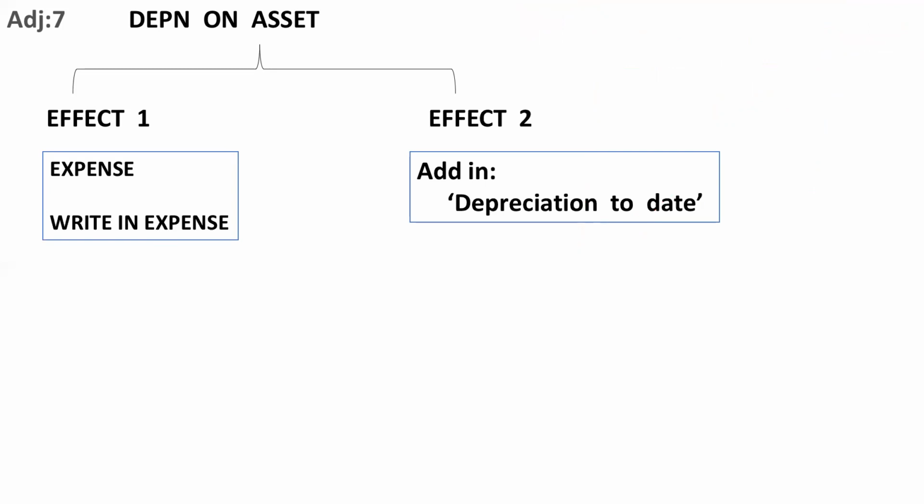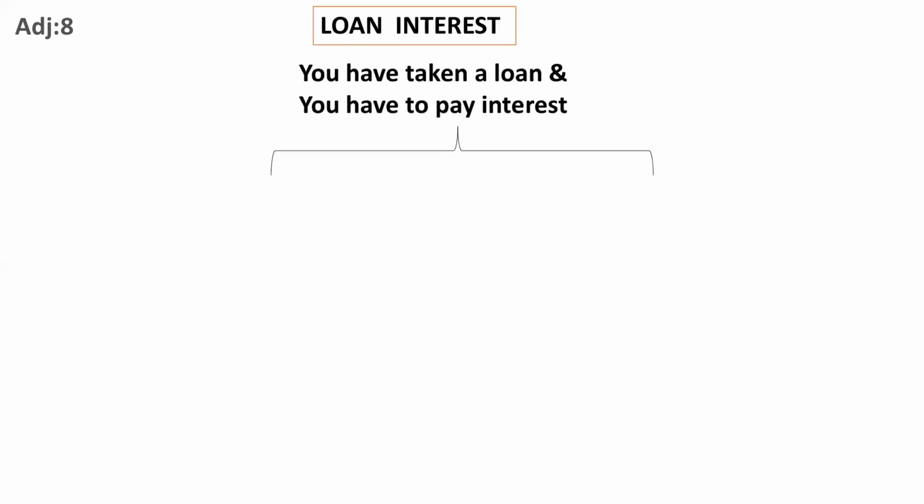Next adjustment is loan interest. That means you have taken a loan and you have to pay interest. If you have to pay interest, that means it is your expense.